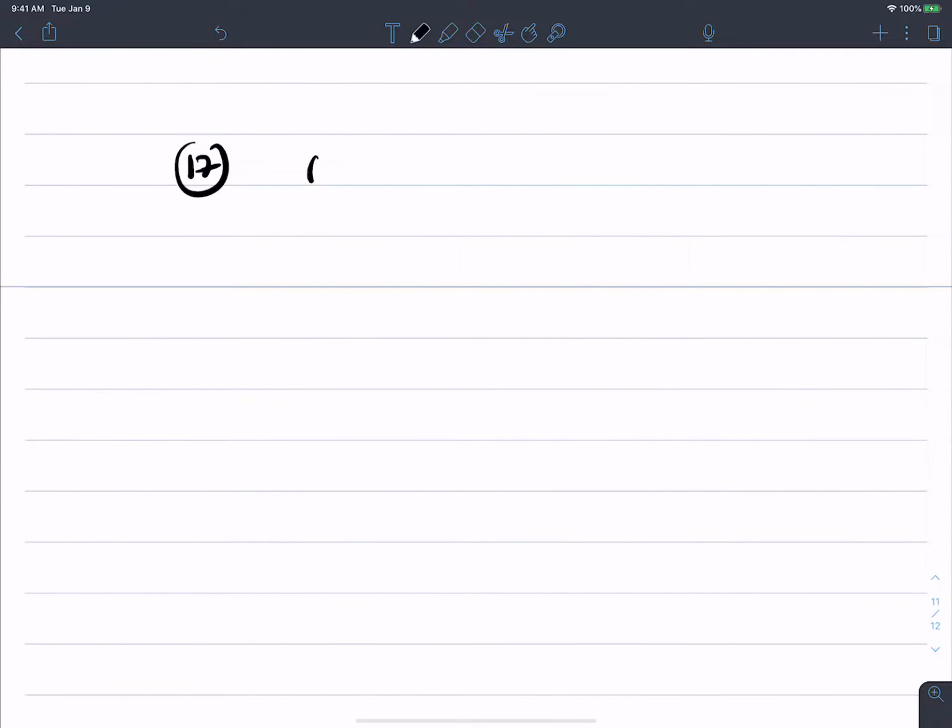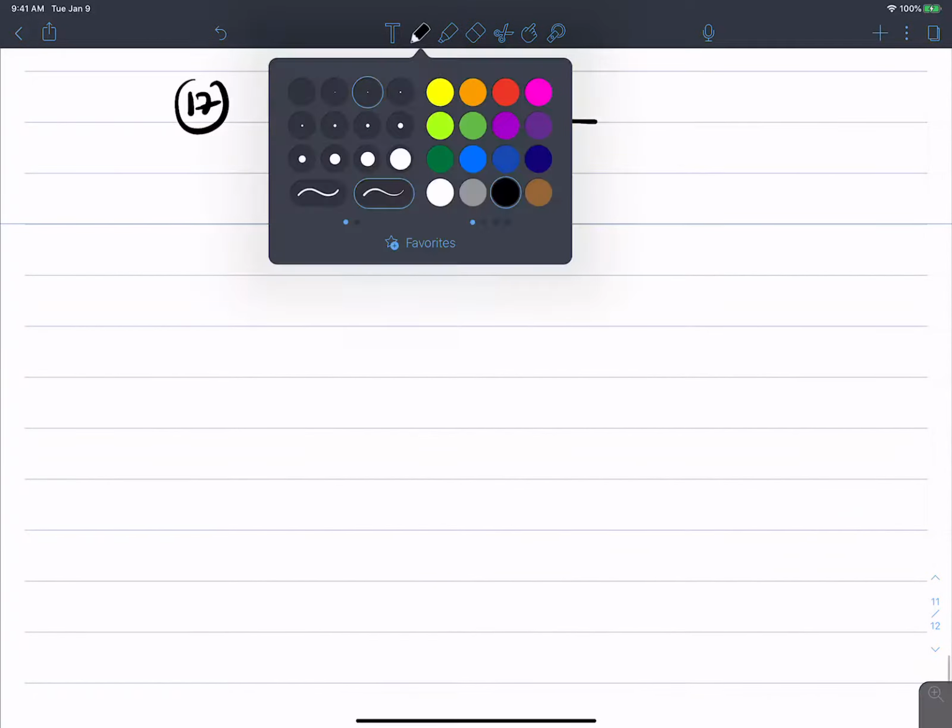Kicking these up. What does 17 look like? Oh, it's 1 over the square root of 2x plus 1. Okay, let's find out what this is.